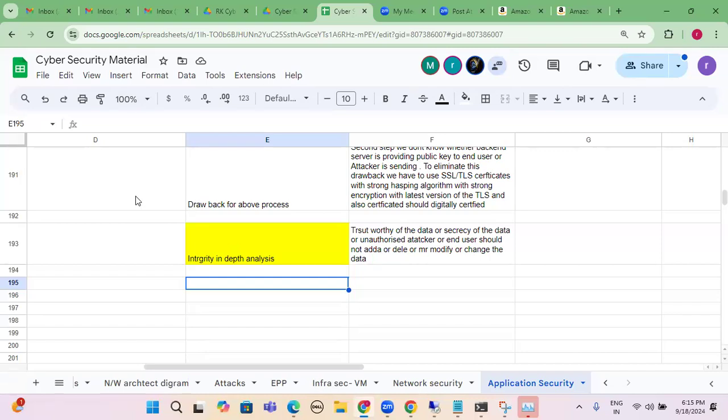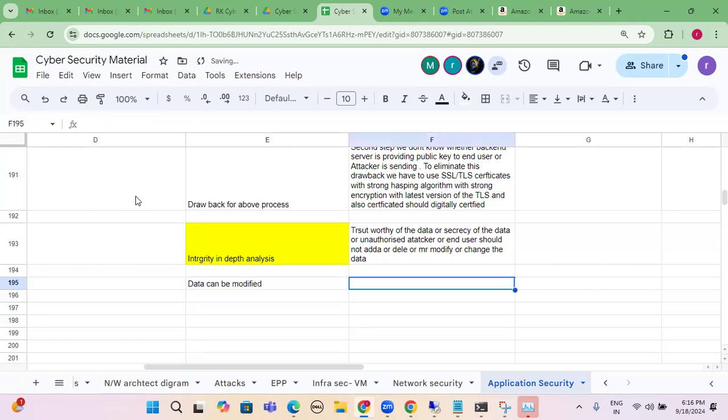This content, whatever I'm typing, maybe it will change. So data can be modified knowingly or unknowingly, with knowledge or without knowledge, or intentionally, wantedly, people will do. That is like attackers. So this is the way data can be modified.